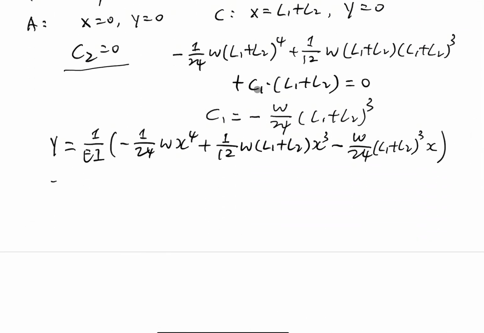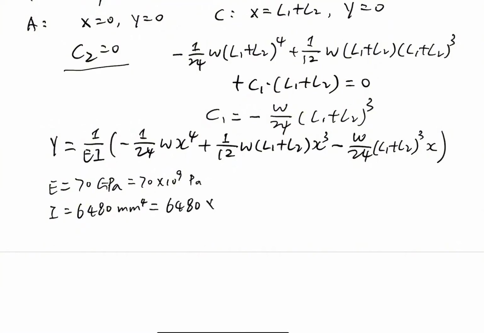E equals 70 gigapascal, which is 70 times 10 to the 9th power Pascal. And I equals 6,480 millimeter to the 4th power, which is 6,480 times 10 to the minus 12 meter to the 4th power, because we convert millimeter to meter.